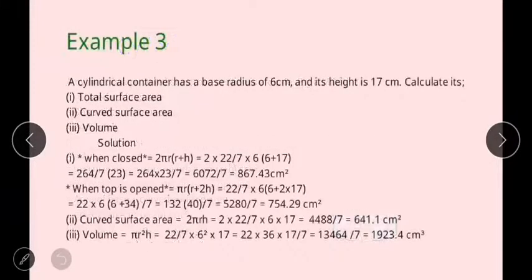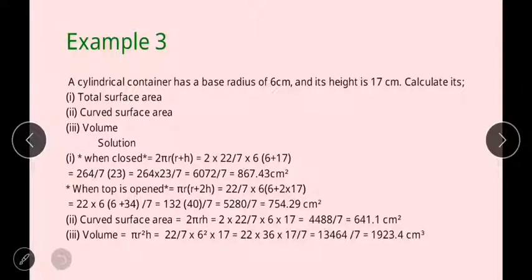If you put in the values we were given from the question, pi is given as 22/7. That is the general value for pi. If you don't want to represent it as 22/7, you can simply represent it as 3.142.